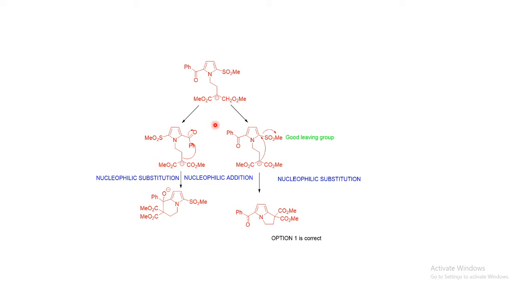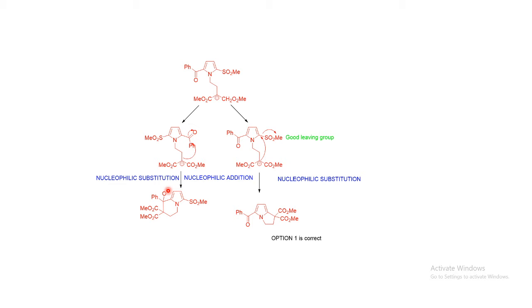See, the first possibility is this enolate, which acts as a nucleophile, can attack this carbon of the carbonyl group and undergo either nucleophilic substitution reaction or nucleophilic addition reaction. So if it attacks this carbonyl carbon, we'll get the product something like this, right?